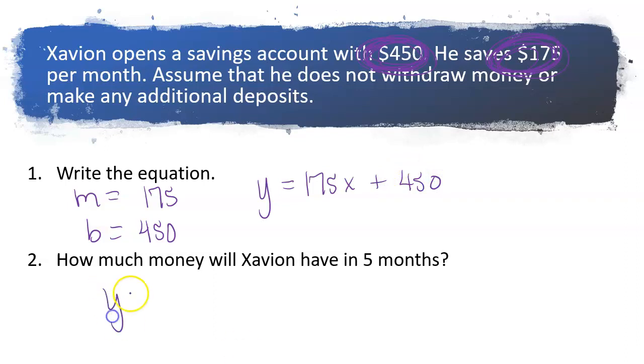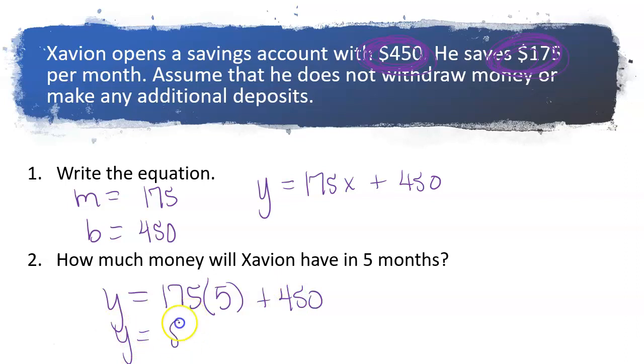So y equals $175 per month for 5 months, plus I started with $450. 175 times 5 is going to give me $875 plus the $450 I started with.